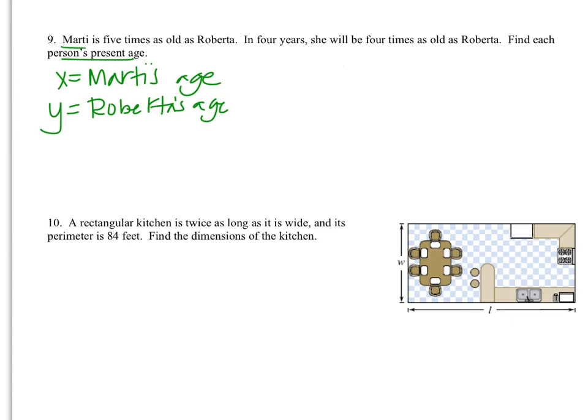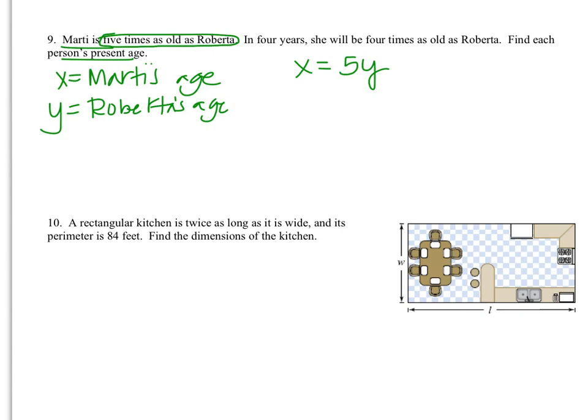It says Marty is, that would be X equals 5 times as old as Roberta. Well, 5 times means we'd multiply Roberta's age by 5, and that's how old Marty would be.